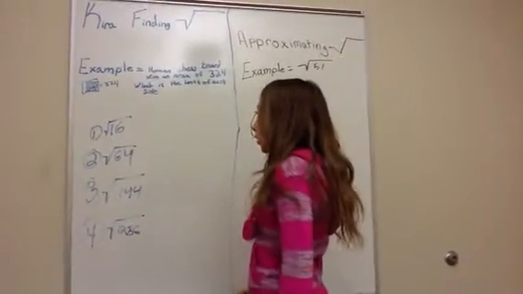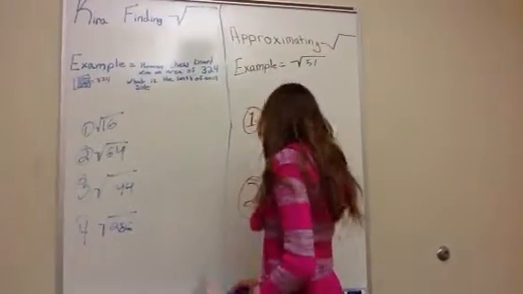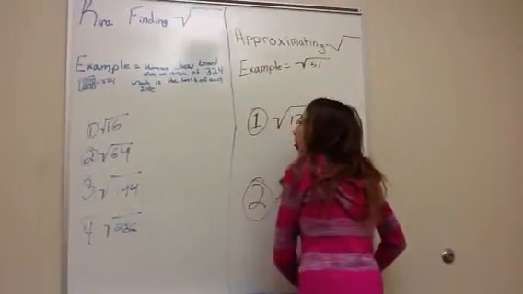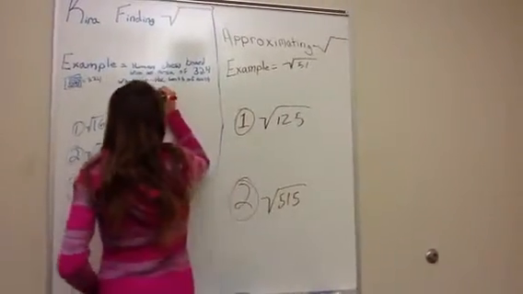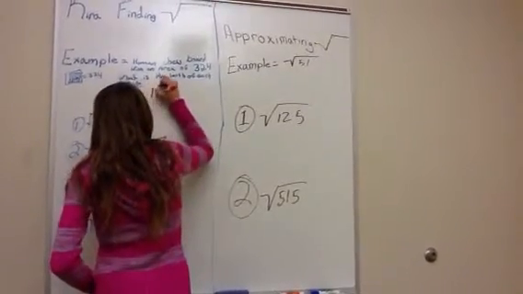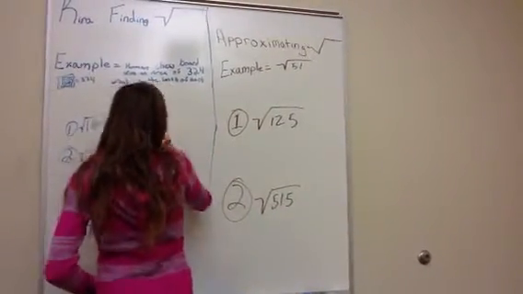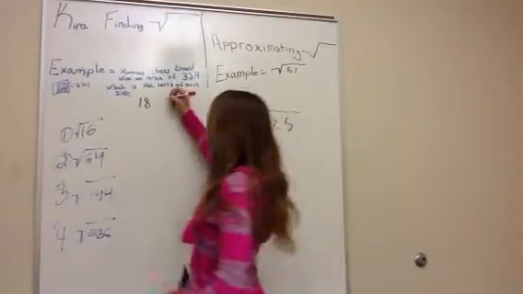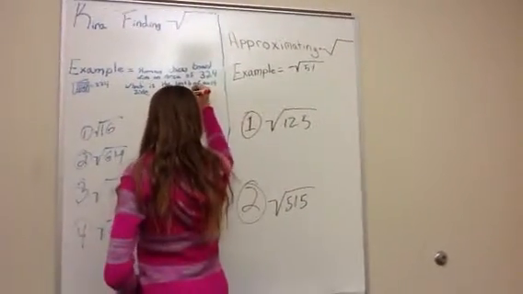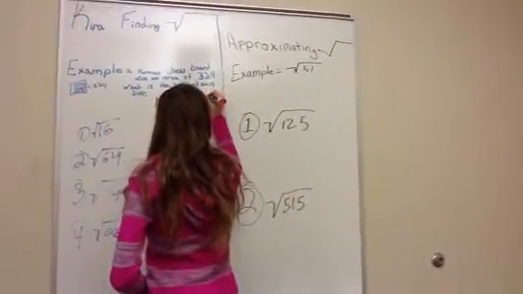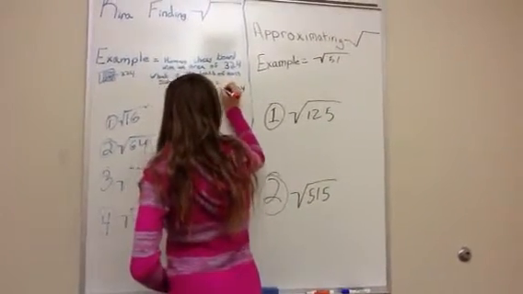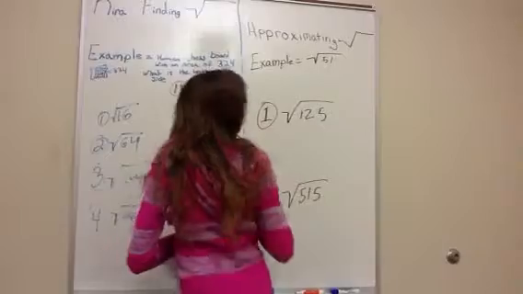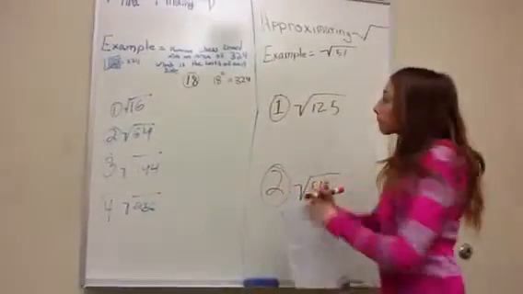And that will give you the answer, which is 18, because 18 squared is 324. Okay?